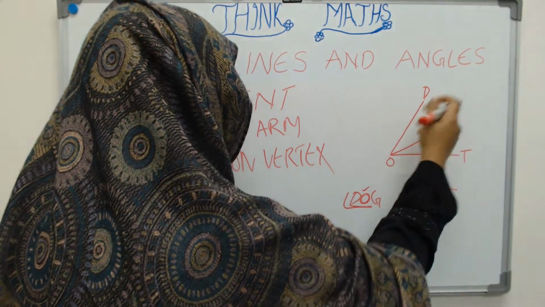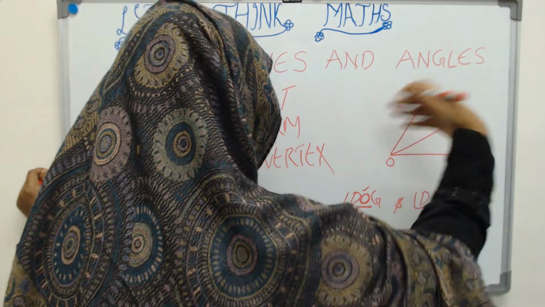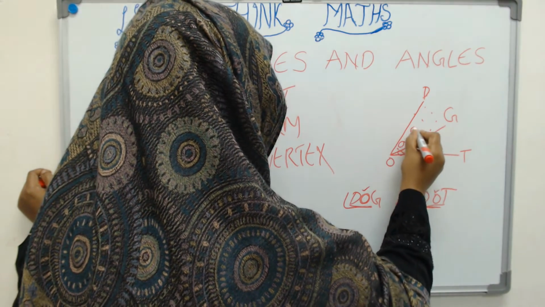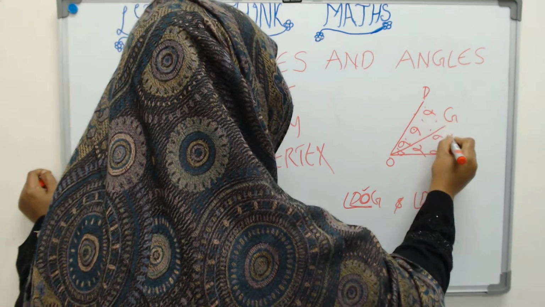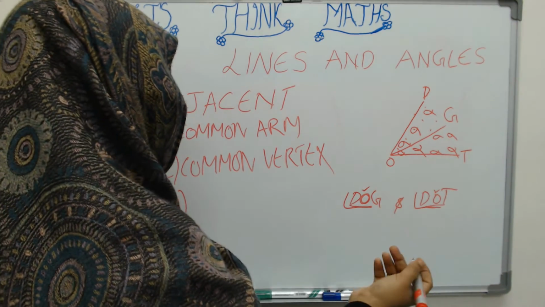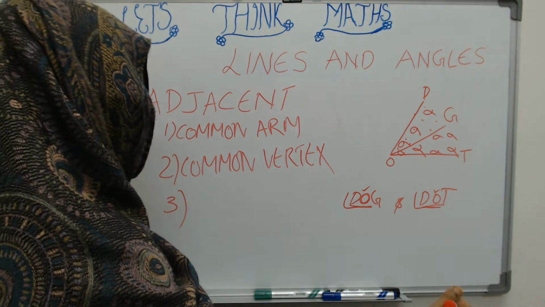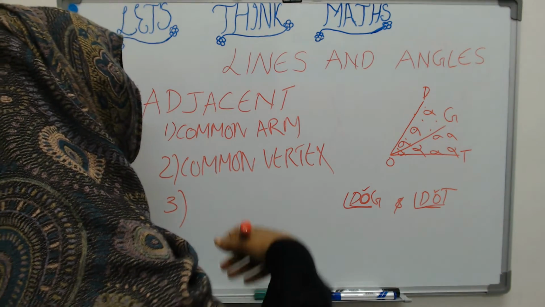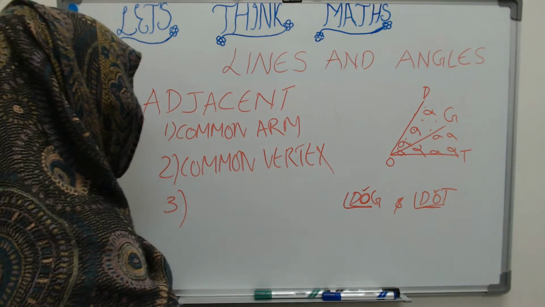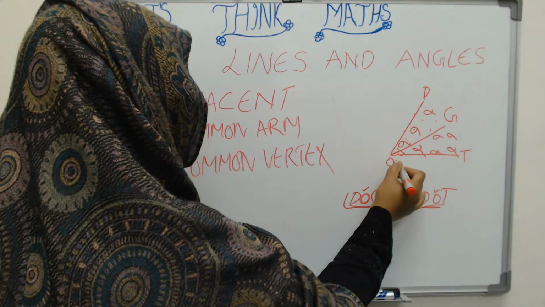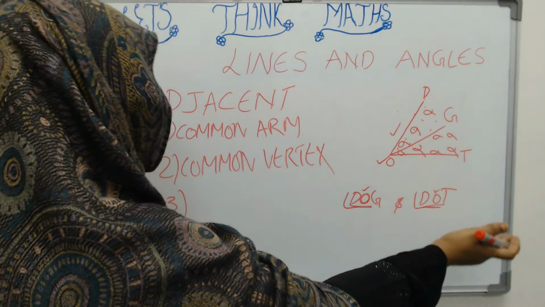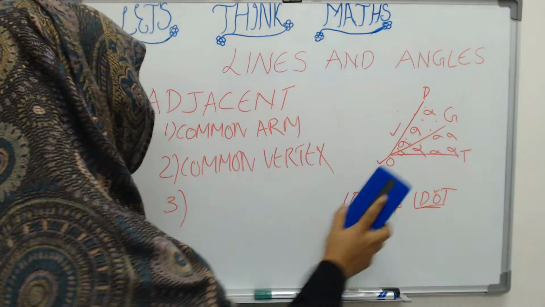Because the non-common arm, they both fall on the same side. So this would be DOG and this is DOT. So that means these two are not adjacent. So it is just like suppose your house, when is somebody your neighbor, when you share a wall and the other person lives on the other side of the wall. You cannot both live on the same side of the wall and be called a neighbor, right? So this is an example where you have a common arm, you have a common vertex, but still it is not adjacent.